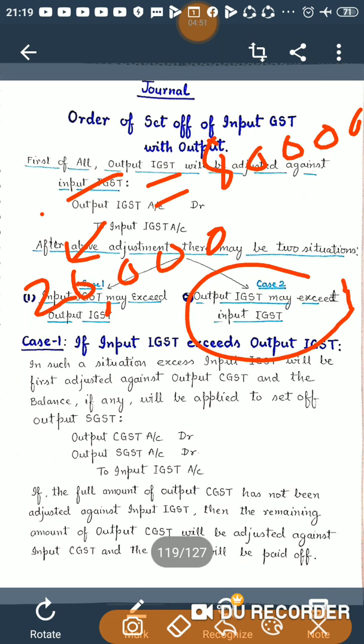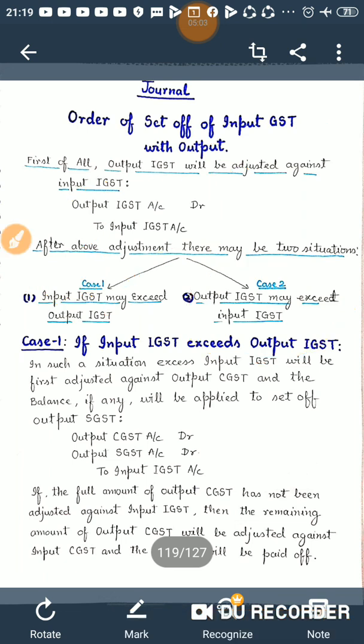This is the second case, when output IGST exceeds input IGST. After setting off input IGST, output IGST still remains. How we will deal with it, we will discuss later. Now I'm taking the first case, when input IGST exceeds output IGST.